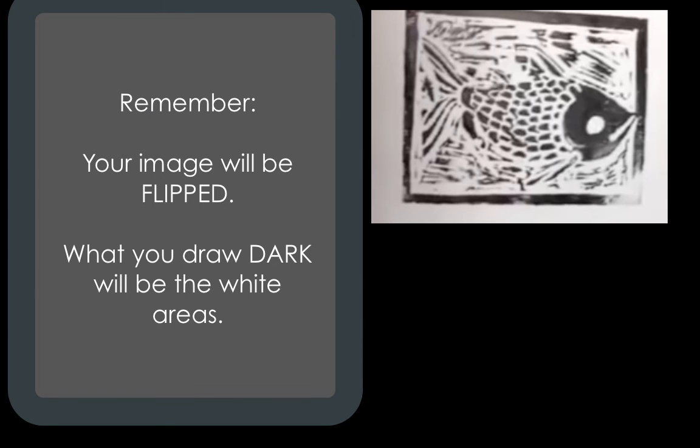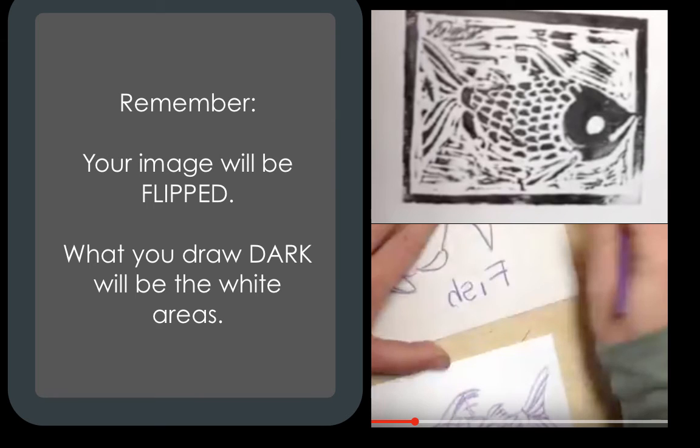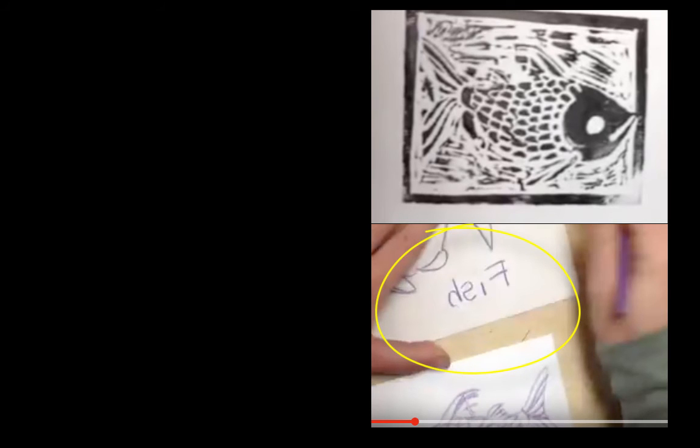Now, it's something to remember that whatever you draw is going to be flipped. And so I want to give you an example of what that means. Whatever you draw dark on your board is going to be light because we're using black ink on white paper. So for example, when you look at this, you see the fish, and the fish is spelled backwards.